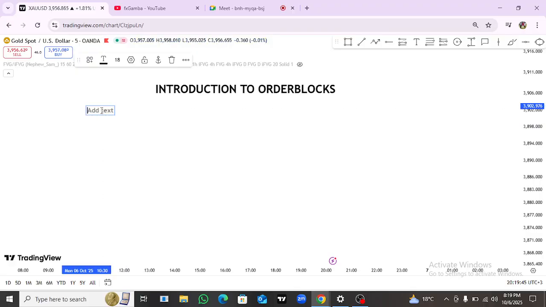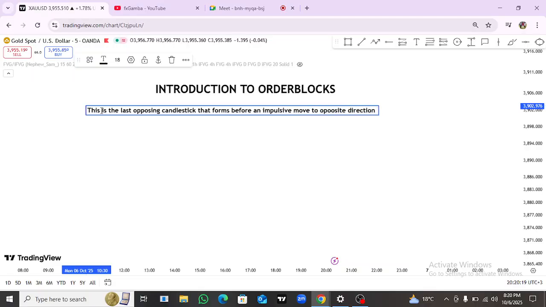You can say an order block is an area. This is the last opposing candlestick that forms before an impulsive move to the opposite direction, causing a break of structure.